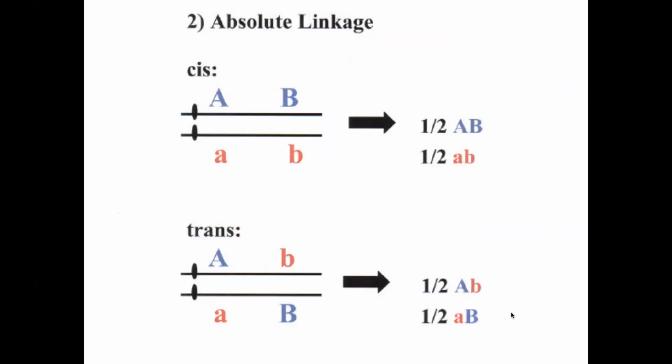So this gametic pool with trans linkage is different from this gametic pool with cis linkage, and both of them are different from the gametic pool of a dihybrid individual with independent assortment. So in all instances, these three different conditions that I've described produce different gametic pools, and if those individuals are used in genetic crosses, the progeny will segregate differently in all three cases because those gametic pools are different from each other.